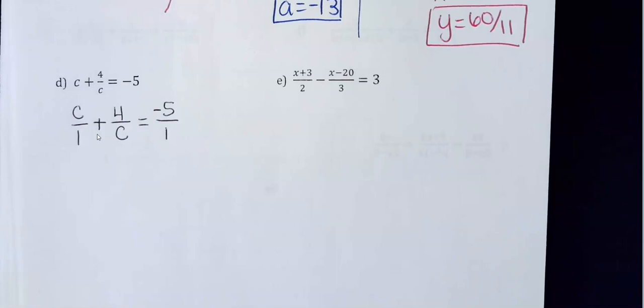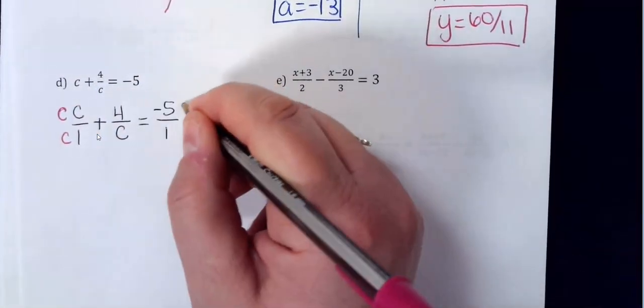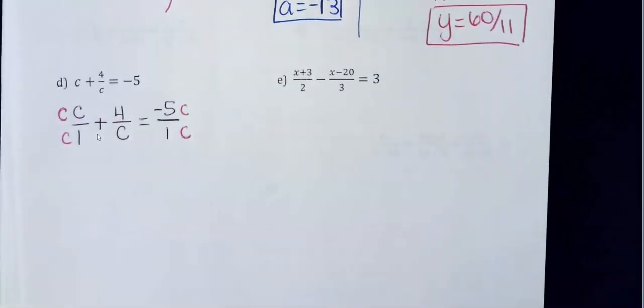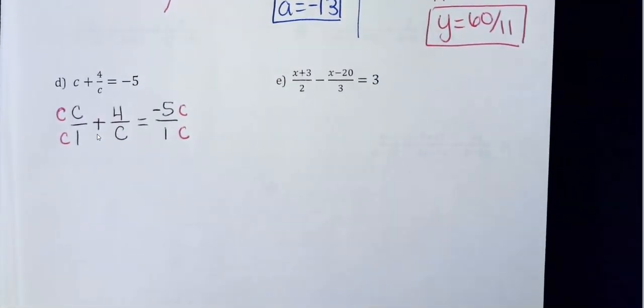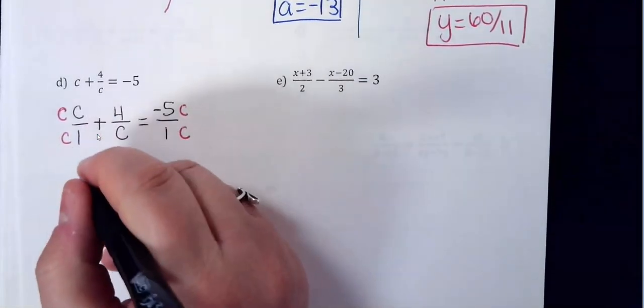Then I can cross them out, and we can focus on the numerator. What would be a common denominator between c and 1? Just c. Okay, so this is just a little weird. We're going to do c top and bottom here, c top and bottom here. I don't need to do it to the 4 over c because that already has that as a denominator. Now, this is going to become c times c, so we're going to get c squared.